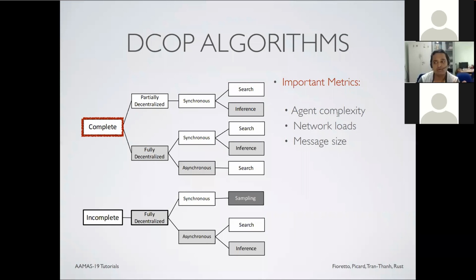But of course, time complexity will be there. So time complexity will be there in centralized approach as well as distributed approach. But along with time complexity, there will be two more complexities in distributed approach. One is the network load or message passing complexity, and the third one is message size.